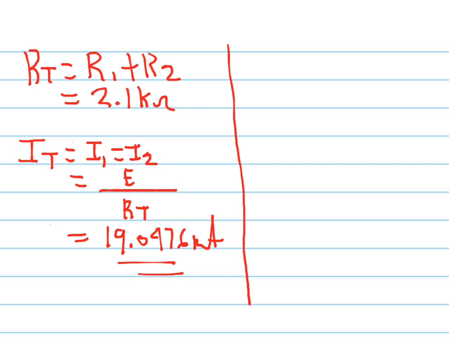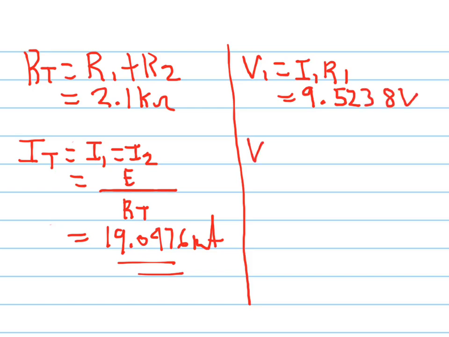V1 equals I1 times R1, so it's times 0.5, 9.5238 volts, and V2 equals I2 times R2, so that's 19.0476 times 1.6 K equals 30.4761 volts.